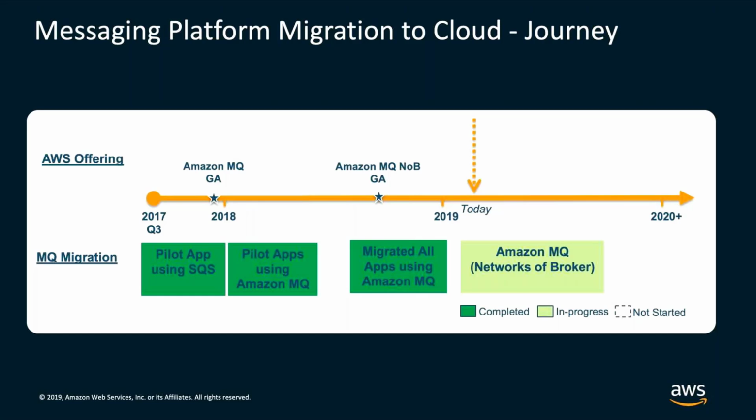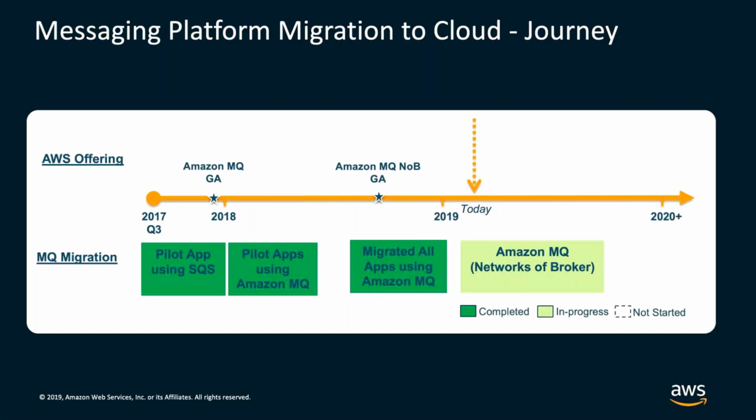Then in late 2017, during re:Invent, AWS announced Amazon MQ, and we quickly rushed and started leveraging Amazon MQ for the next set of pilot applications. Then in our cloud migration journey, as well as the messaging platform migration journey, we migrated all our applications onto Amazon MQ.